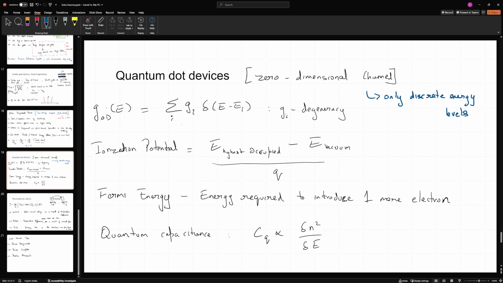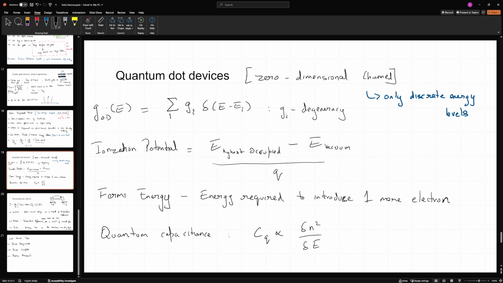This is the Dirac delta function summed over all available values of i. So this is how the density of states will look for a quantum dot device. The ionization potential of a quantum dot device is the highest occupied energy level minus the vacuum energy level divided by the charge. So that will give me the ionization potential.